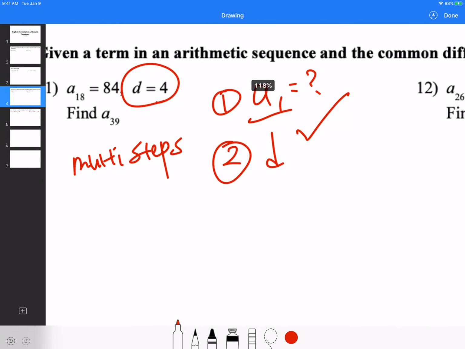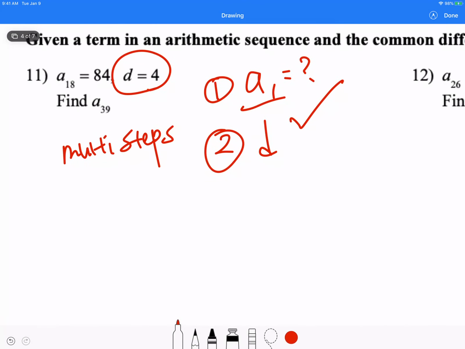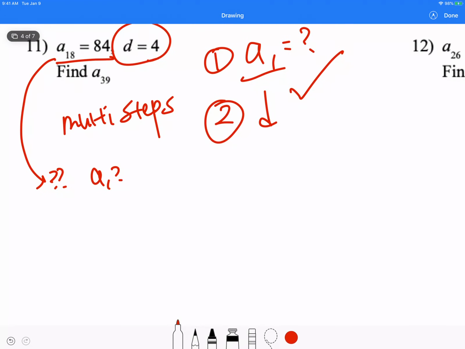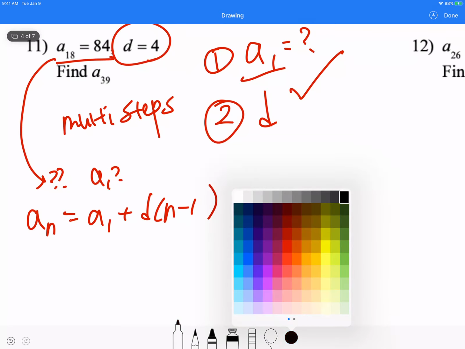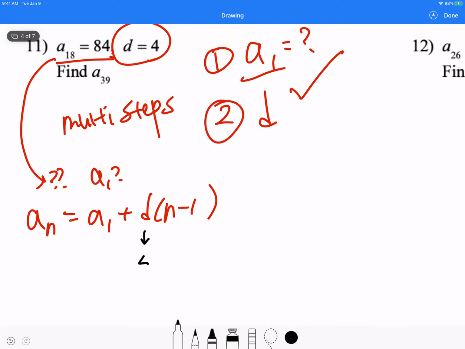Okay, there we go. All right, so I want to find out the very first term. But the only clue that I'm given is that a sub 18 is equal to 84. So how do I utilize that to figure out what a sub 1 is going to be? Well, it turns out the easy way to do it is just to plug it into the formula that we all know and love. We have the common difference as 4, so we can just plug that in as 4.